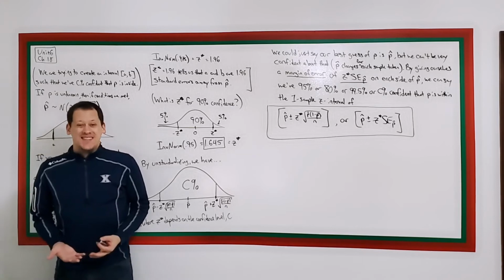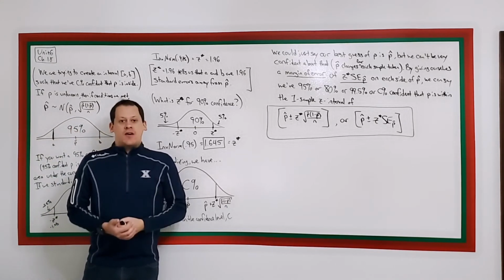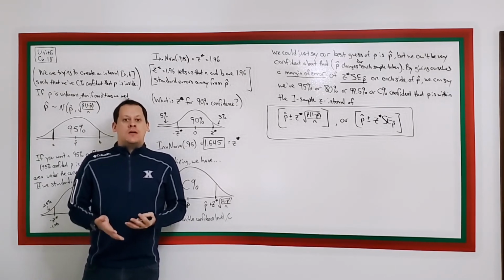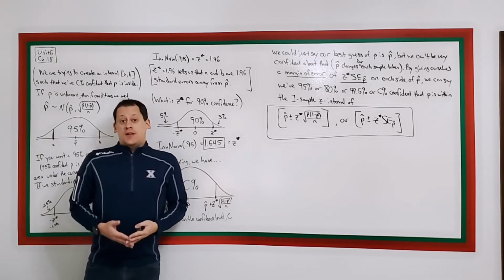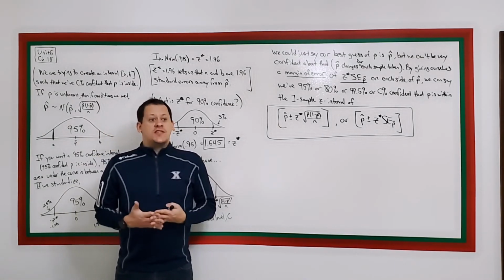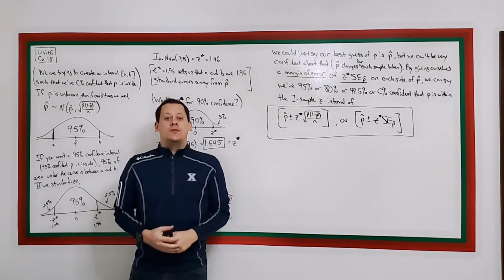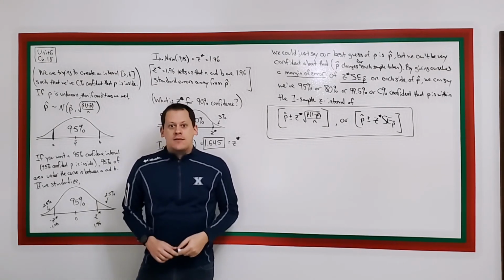I know I've said this before, but it bears repeating that it's not very helpful if you take a sample from a population and you want to estimate the population proportion to just say, well, my best guess of the population proportion is what we got in the sample proportion, p hat.